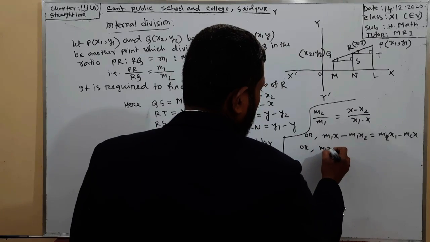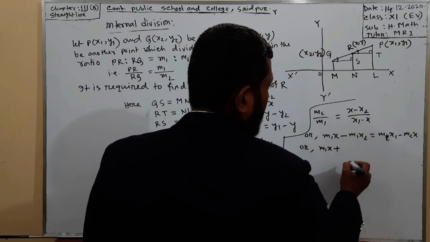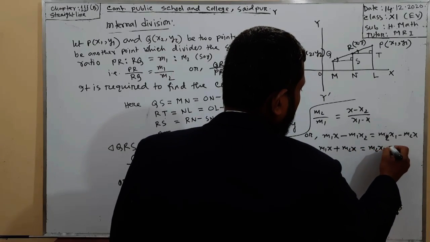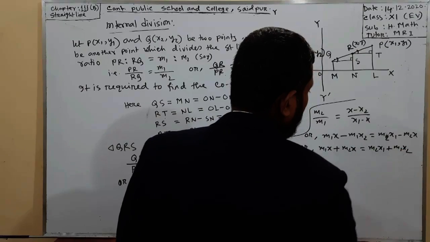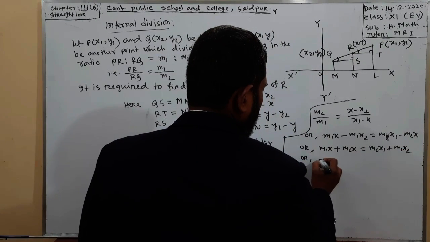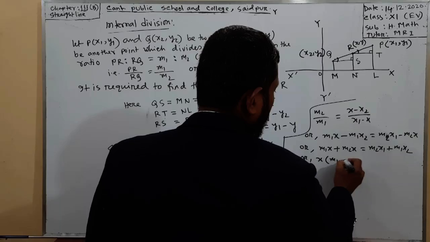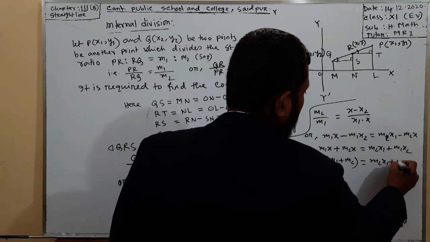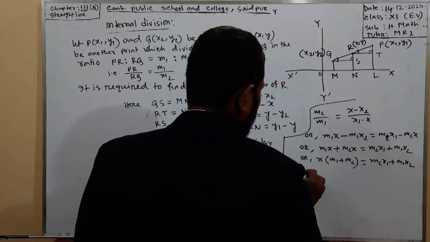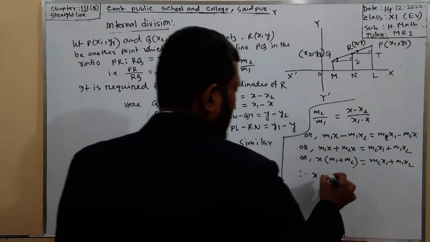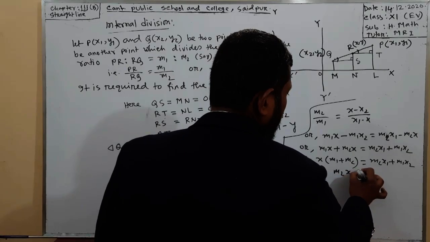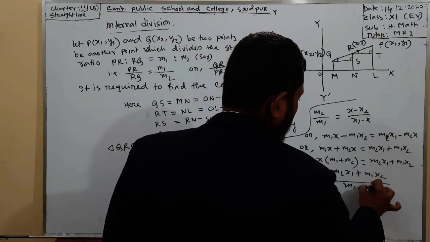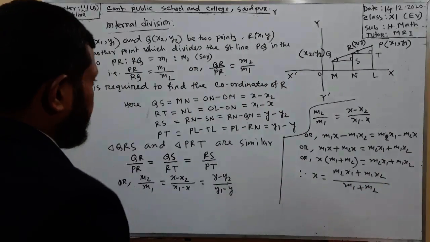Here M1x plus M2x is equal to M2x1 plus M1x2, that is x(M1 plus M2) is equal to M2x1 plus M1x2, or x is equal to (M2x1 plus M1x2) by (M1 plus M2).